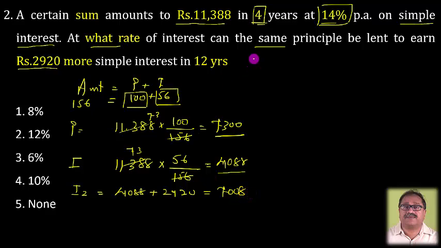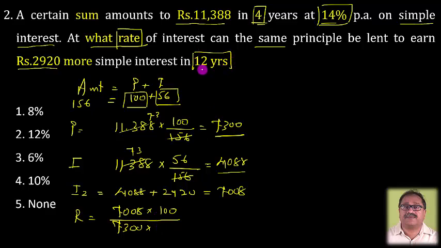And the question is at what rate? And I know the rate formula, R is equal to SI into 100 by P into T. So my required interest is 7,008 into 100 by P into T. And what is P? 7,300 is P. So 7,300 into T. And here T is mentioned 12 years.